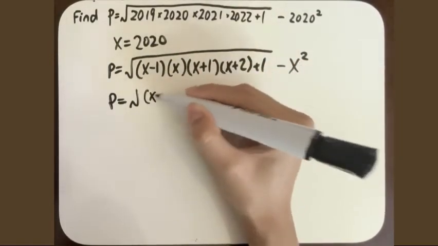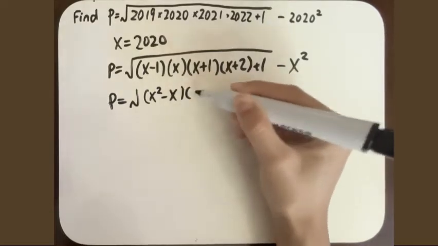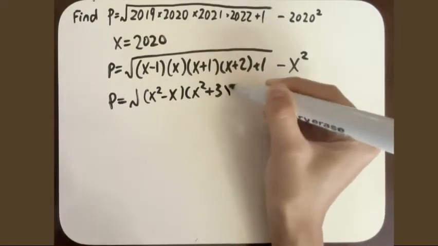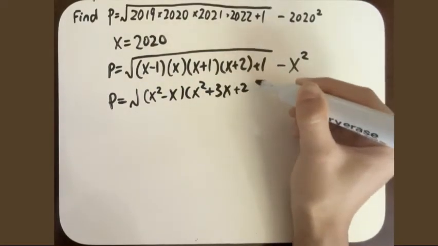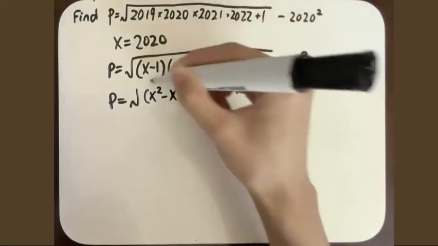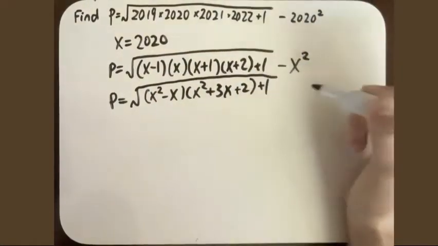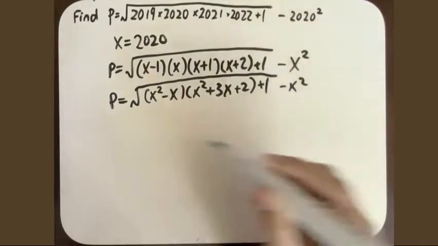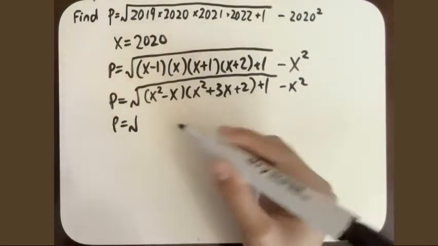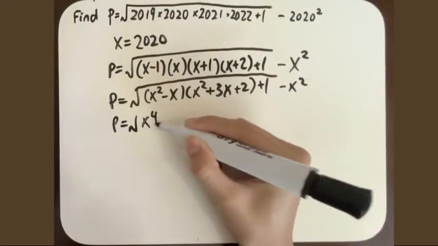I'll do x squared minus x times x squared plus 3x plus 2 plus 1, square root of all that, minus x squared. Then we can further expand: x to the fourth.